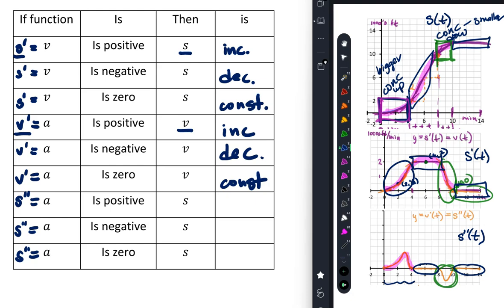So if the second derivative is positive, the function will be concave up. If the second derivative is negative, the function will be concave down. And if the second derivative is 0, what we should be seeing is that it's not bending.